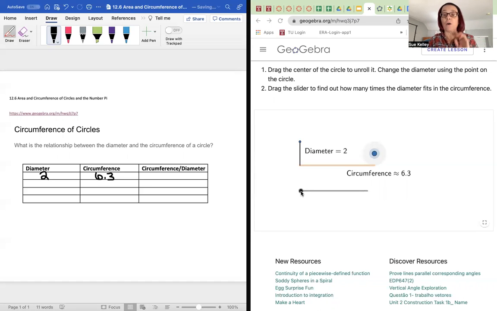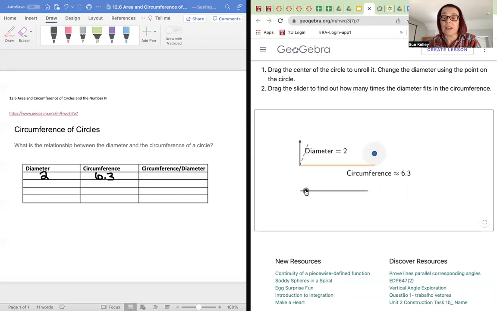Now I can also drag this little dot and it will unfold the diameter and show us how many diameters it takes to make one circumference. You can see it's a little more than 3. So over here in our chart, we have the relationship between circumference and diameter: circumference divided by diameter.